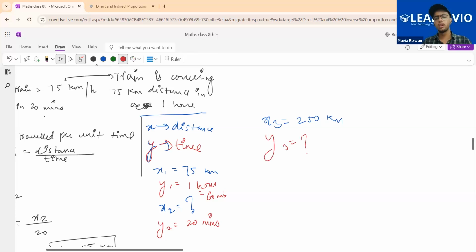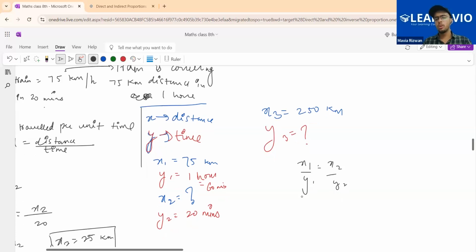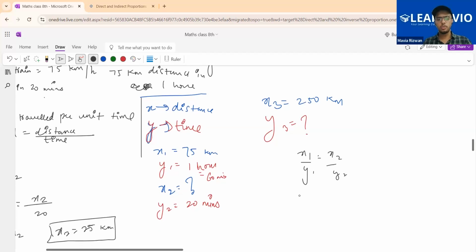Okay. So now of course we'll apply the formula again. x1 by y1 is equal to x2 by y2. Okay. So now how much was x1? 75. y1 was 60 minutes. x2, sorry, no, we are applying x3 here. Okay, x3 by y3. So x3 is 250 and y3 is as it is because we don't know that.